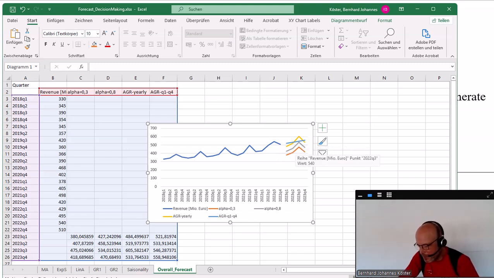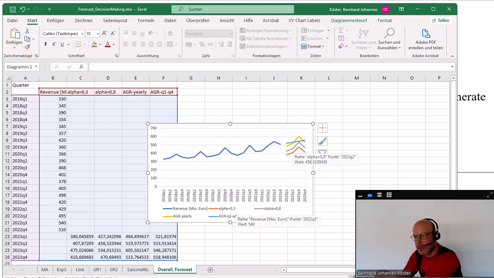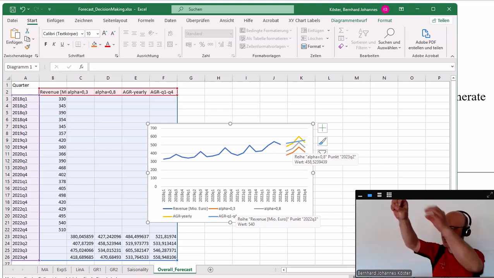Because with the other forecasting methods, we always had the case, since we rely more on the historical data, and especially the third quarter in your time series is quite high, then you're stepping only a little bit back.